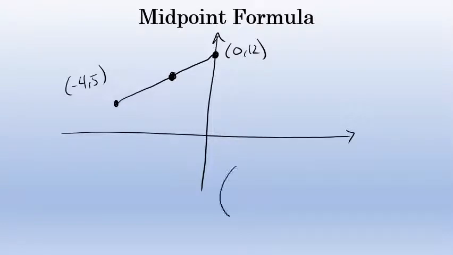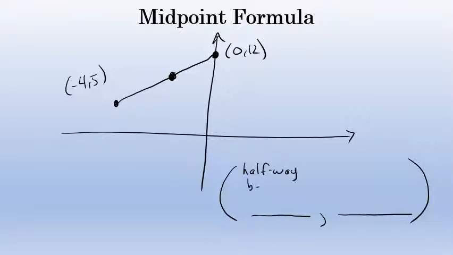And the midpoint formula provides an ordered pair that comes from halfway between the x values. In this case, the x values are -4 and 0. So I'm going to go halfway between -4 and 0 as the x-coordinate of the midpoint.